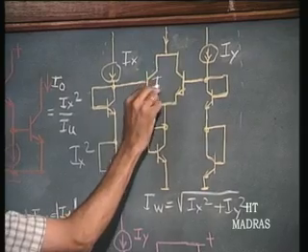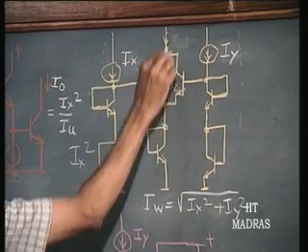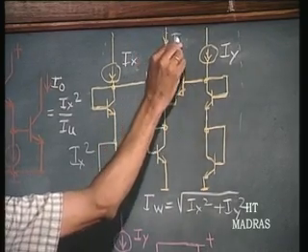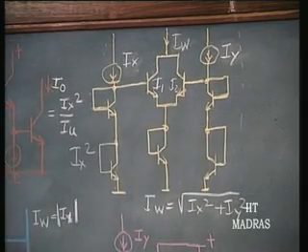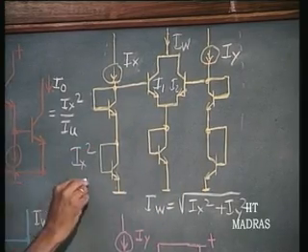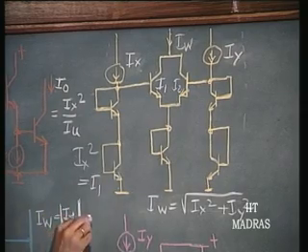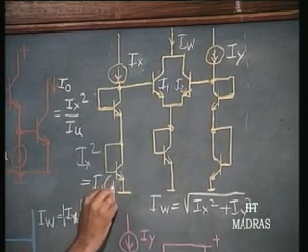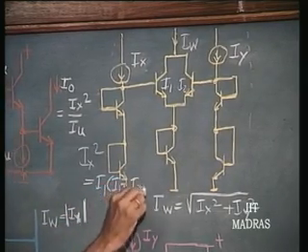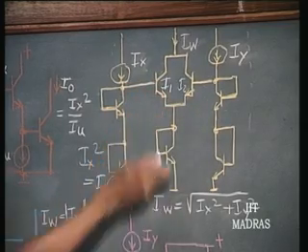This, let us call it I1, this has I2, this is nothing but IW. So, Ix squared is equal to, please tell me, I1 into I1 plus I2. You see that I1 plus I2 flows through this.